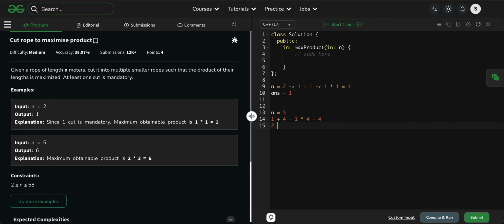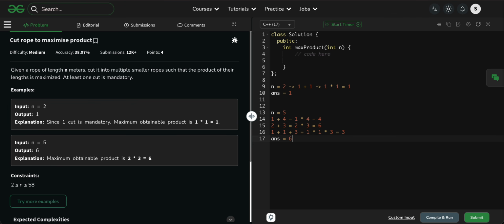Now 2 plus 3 is equal to 5, and 2 into 3 is equal to 6. Then 1 plus 1 plus 3 gives 1 into 1 into 3, which is 3. So what is the maximum product? The answer is 6, because this is the maximum.